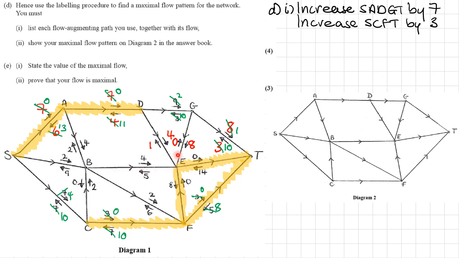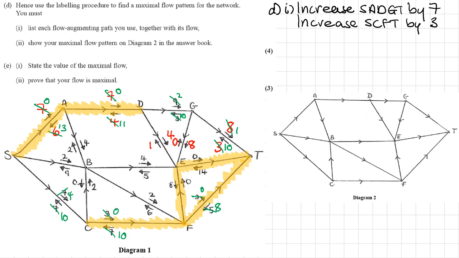Now I can't go backwards along EG or GE, because when you go backwards along a route, you want to decrease the reverse number there, as if you're talking about it like it's forward. So this is like the reverse one there. I need to be able to decrease it by 1. I'm not going to be able to do that here.